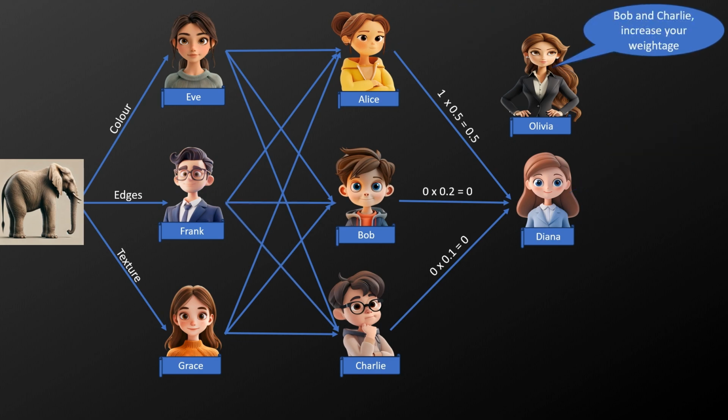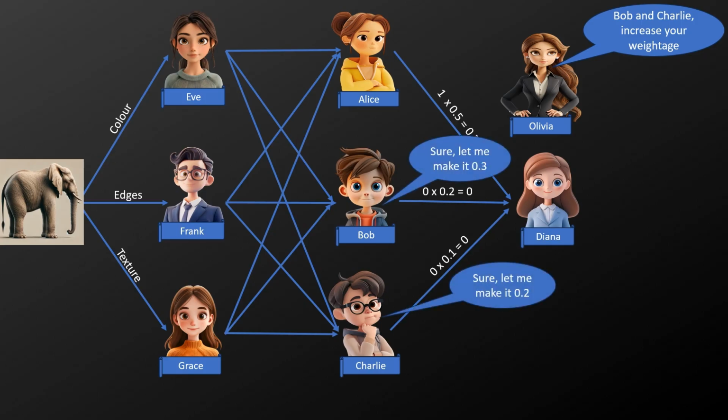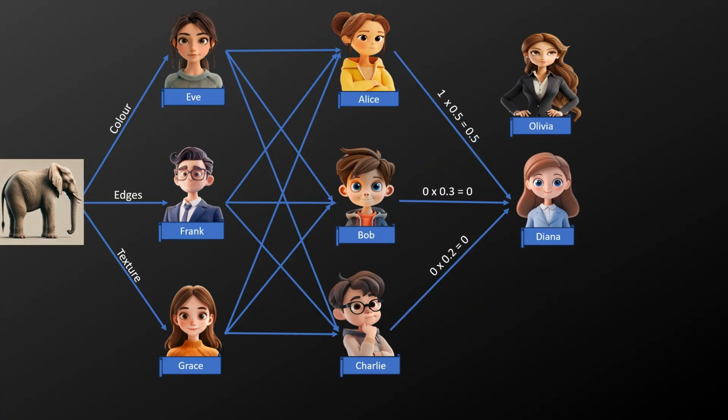She tells Bob and Charlie to increase their weights, since their output was correct. Alice, Bob and Charlie adjust their weights, making sure they don't repeat the mistake. This process continues, and over time, every team member becomes an expert in identifying the features of a dog. Diana can then make a correct prediction by combining individual outputs.